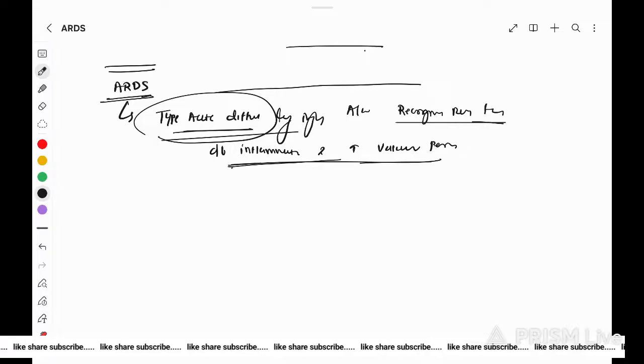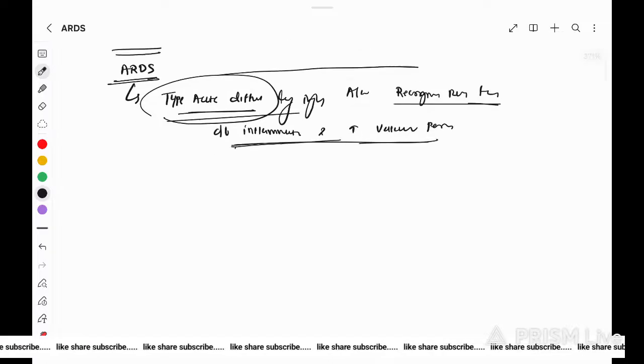ARDS was first described by Petty in 1967. ARDS was described as a syndrome of acute respiratory failure in adults characterized by non-cardiogenic pulmonary edema.